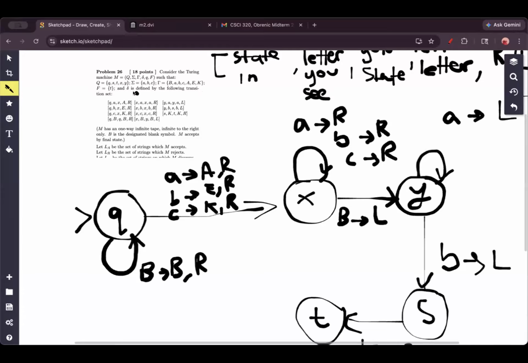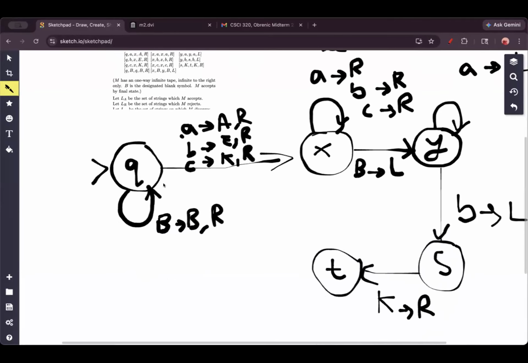And then this is the instruction, the data.